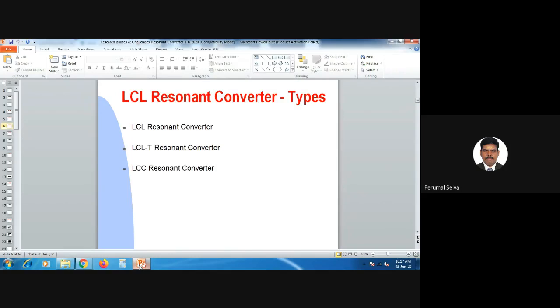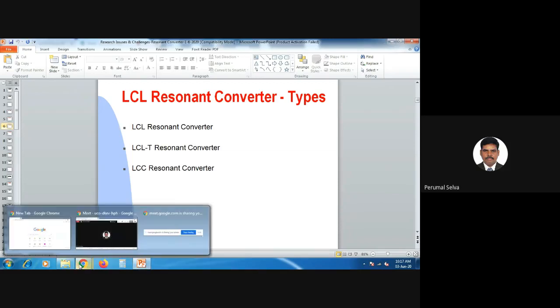So the LCL resonant converter. Here, three types of resonant converters are there. Before, if we are using two energy elements like L and C, one inductor and one capacitor, it is called a second order resonant converter, right? Here, in third order resonant converters, we are using three storage elements.